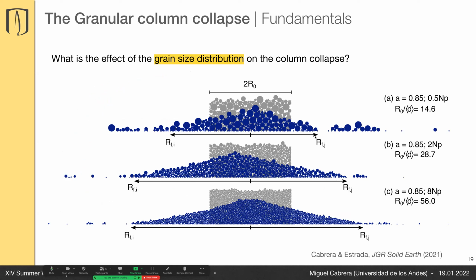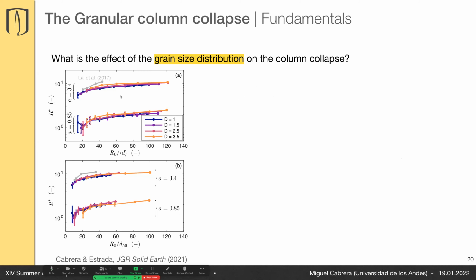And this effect is then attenuated when you start increasing the number of particles involved in the system. And we found that for this case, you stop having these grain size effects at about 50 times the mean grain size of the whole granular system.